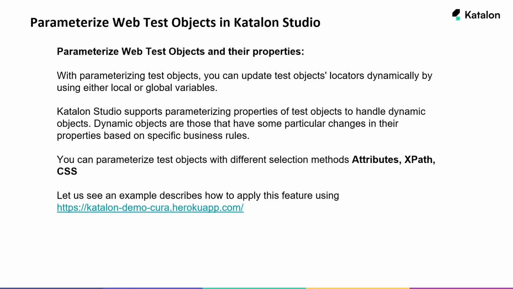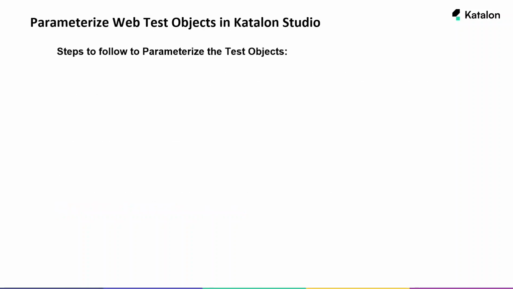So now we are going to see an example that describes how to apply this feature by using the Katalon Cura Healthcare application. So let us see first what are all the steps that we need to follow to parameterize the test objects. First, you need to identify the test objects that can be parameterized. You cannot parameterize any object you want, right? First, you need to identify the suitable test object that can be parameterized.